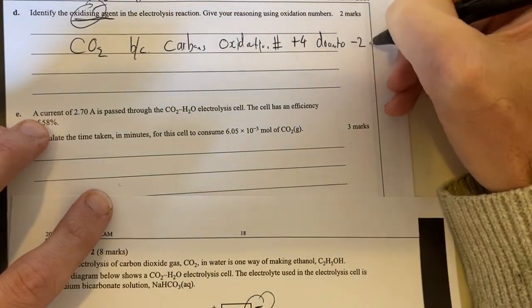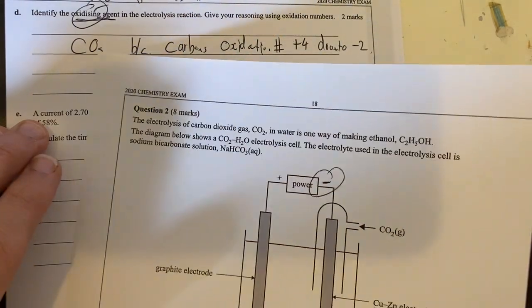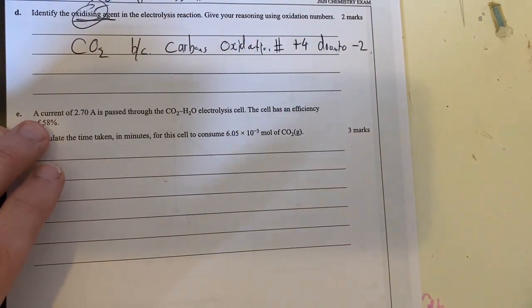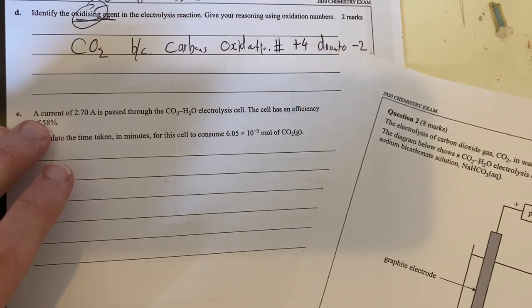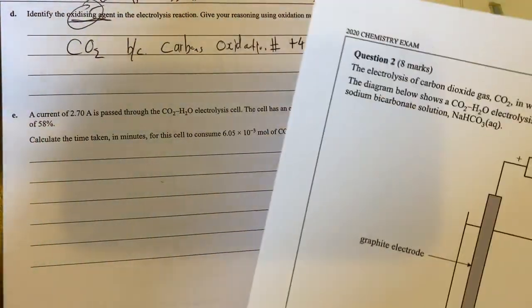So a reduction in oxidation number says that this is our oxidizing agent because it has been reduced. Reduction in oxidation number means the stuff has undergone reduction.